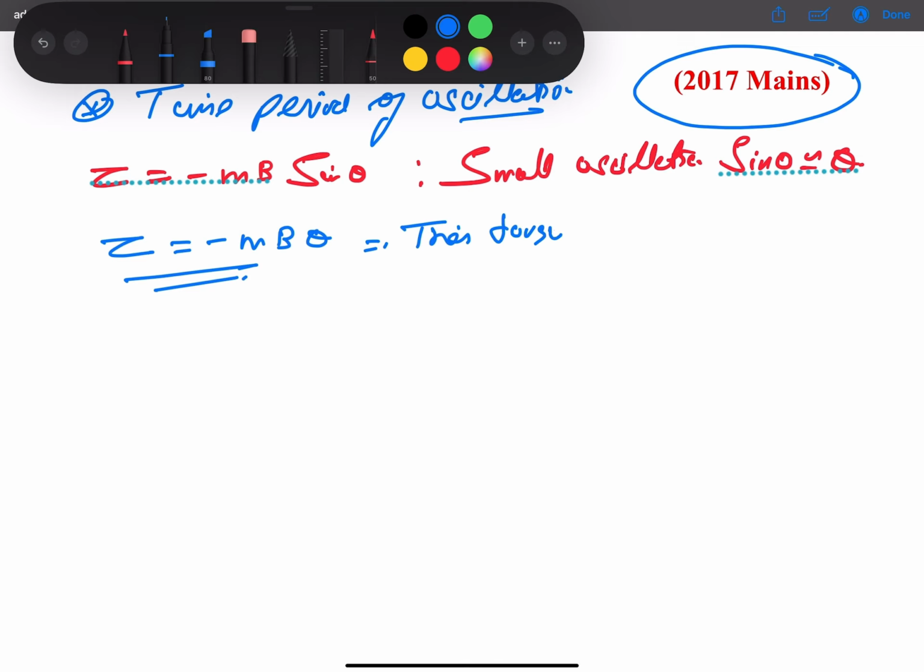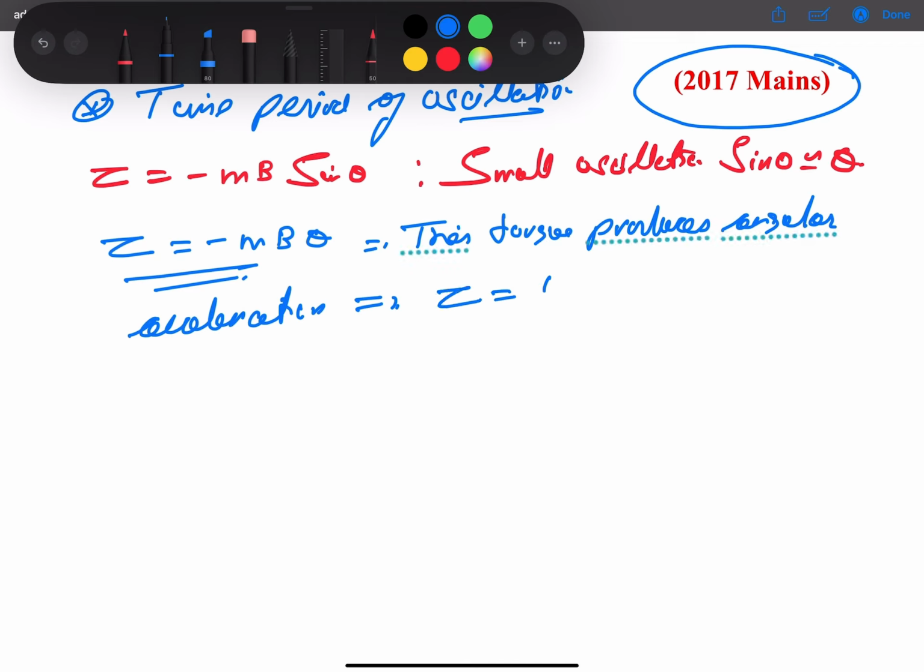This torque produces angular acceleration. So we can write the torque is equal to moment of inertia times angular acceleration, and that will be equal to I d square theta by dt square.